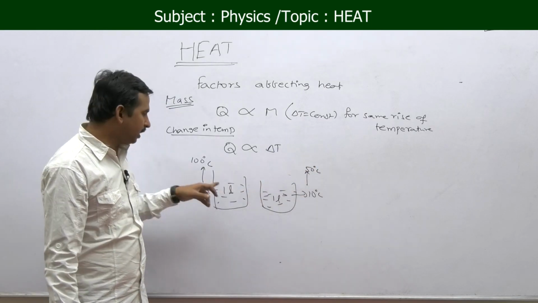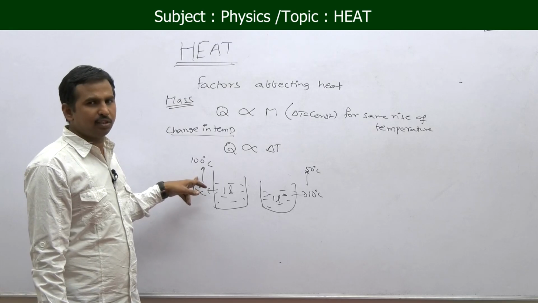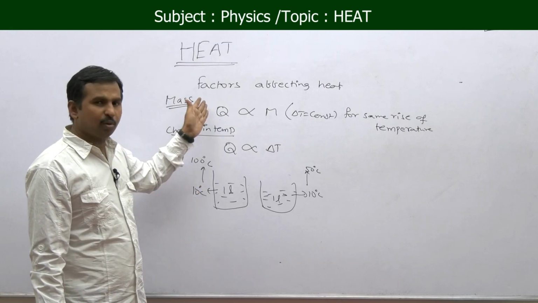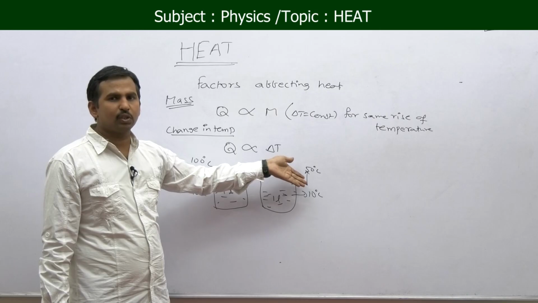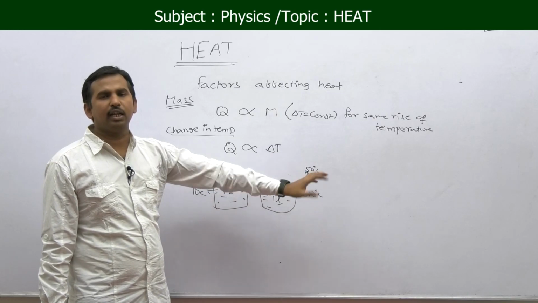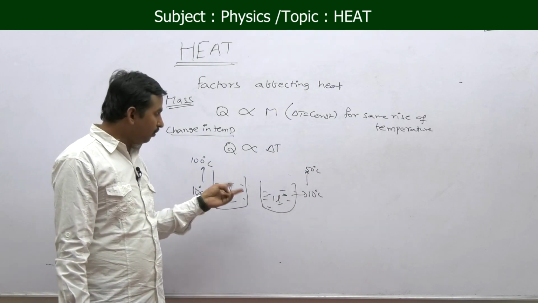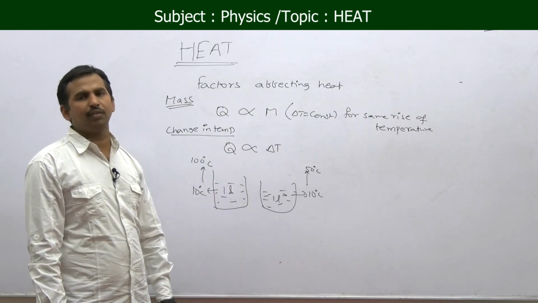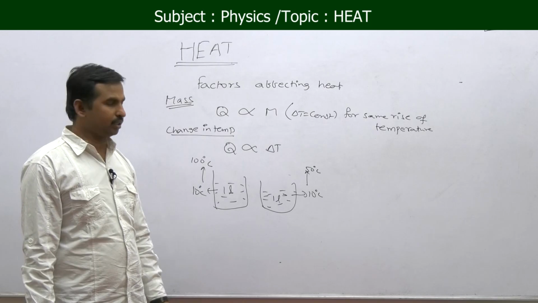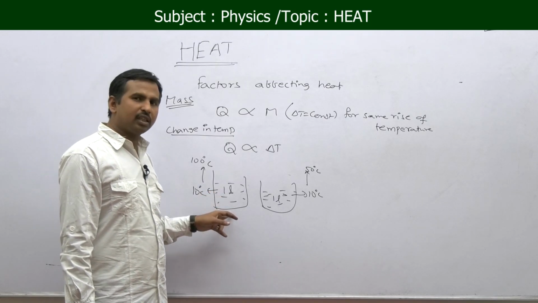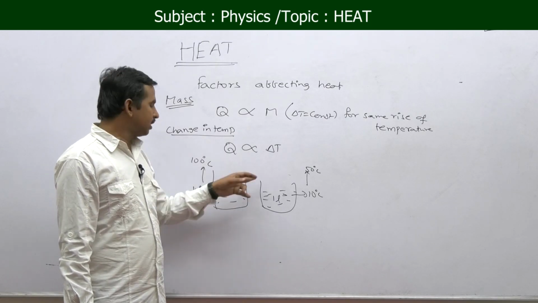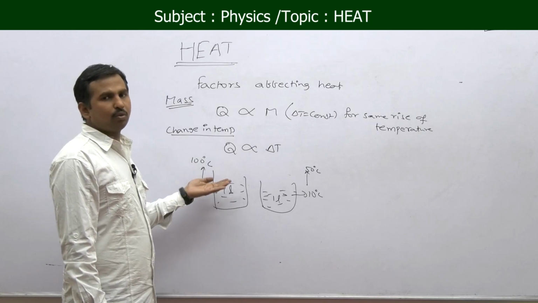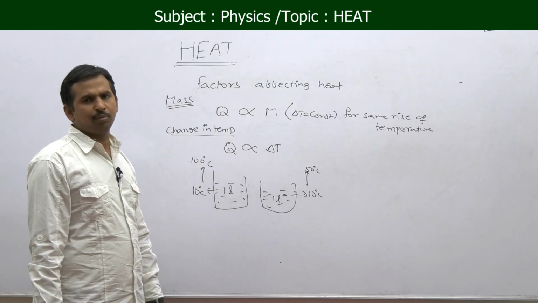Which means that here I want more kinetic energy because the change in temperature is more, whereas in case of this one, 40 degrees Celsius, the kinetic energy required is less, even though both have the same number of molecules, but the molecules do not have the same energy in both cases. So as more kinetic energy is required for the first case, we want more rise of temperature.